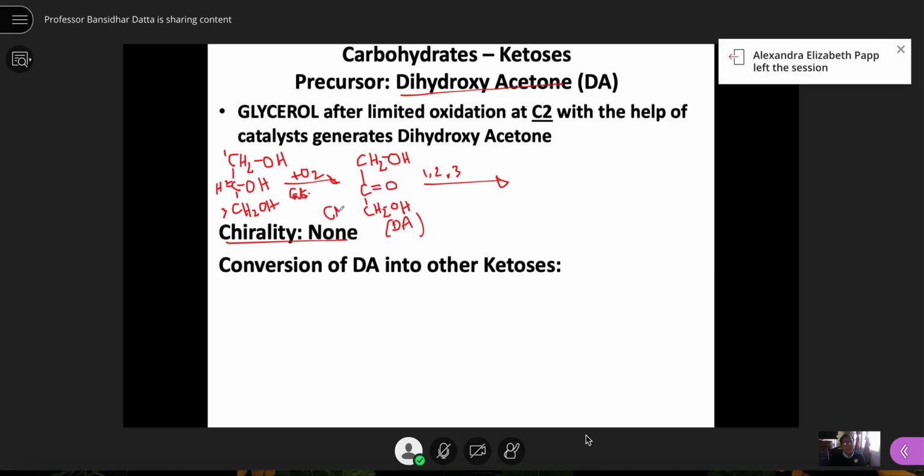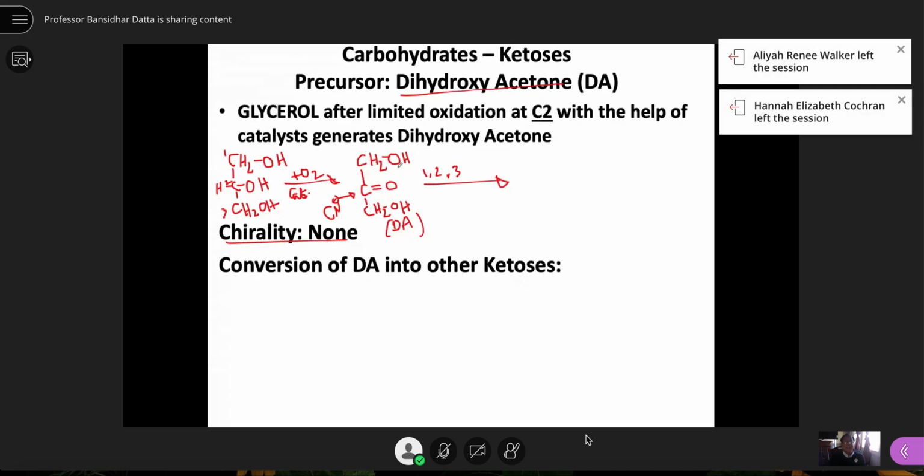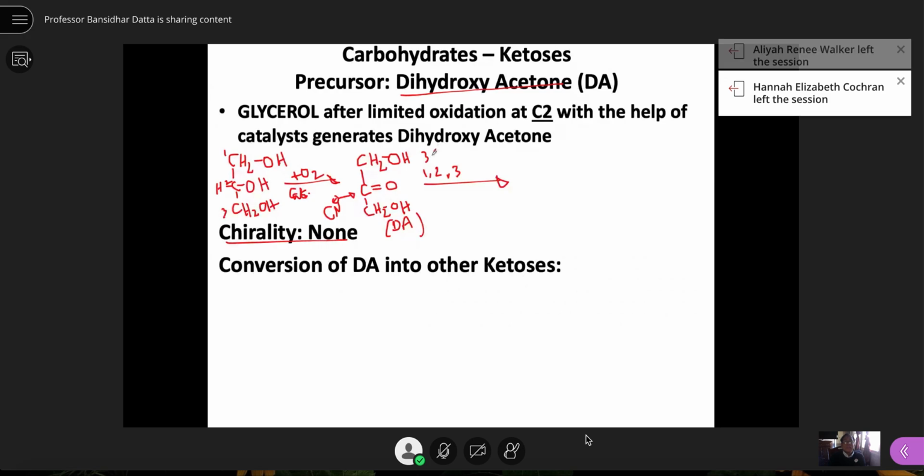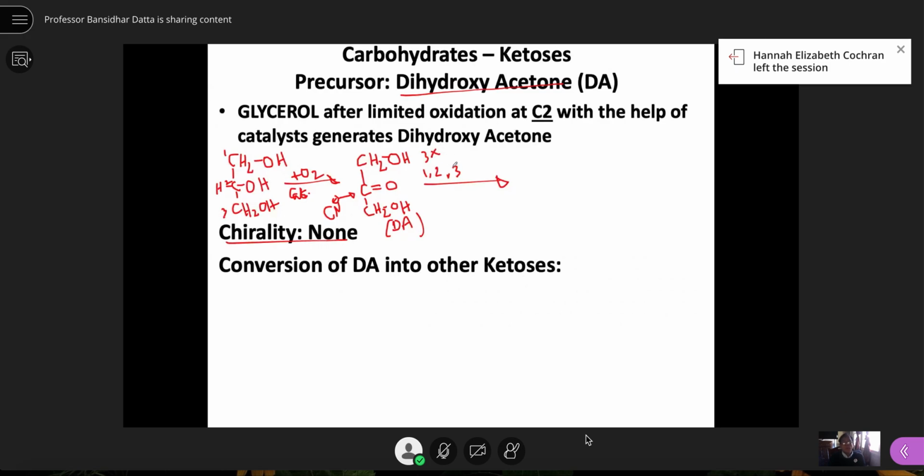It can attack from both sides: if it attacks from one side, the hydroxyl group will be on the right; from the other side, on the left. Let's do the reaction 3 times. You'll get many molecules, and you do not have to know all of them, but you must know the structure of this one.